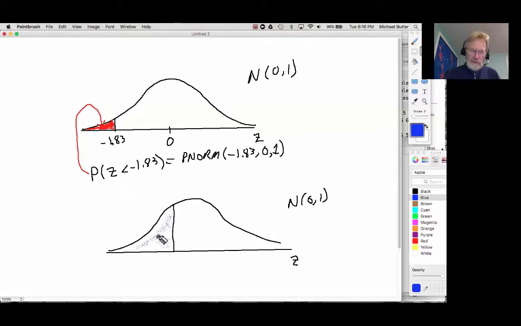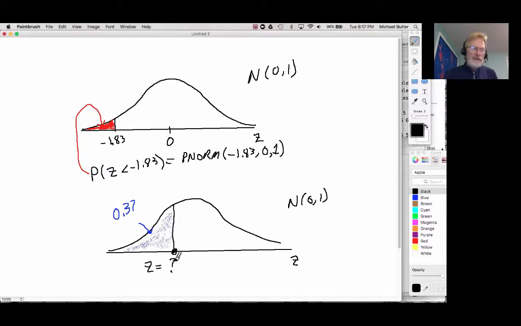So I know that this blue shaded region right here just happens to be 0.37. In other words, that's the area. It's 37% of my distribution. And then the question would be, what the heck is that point right here? In other words, what's the z equal to? So if I give you an area this time, now what I want to know is what the position on the axis is.